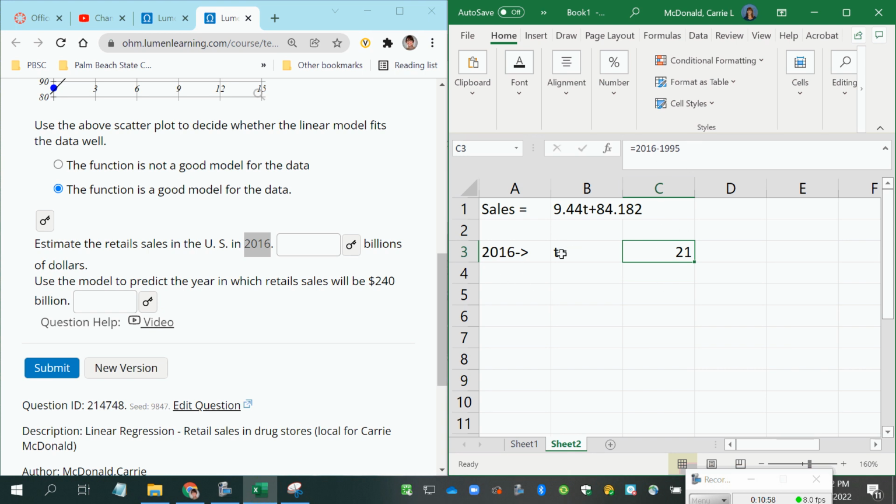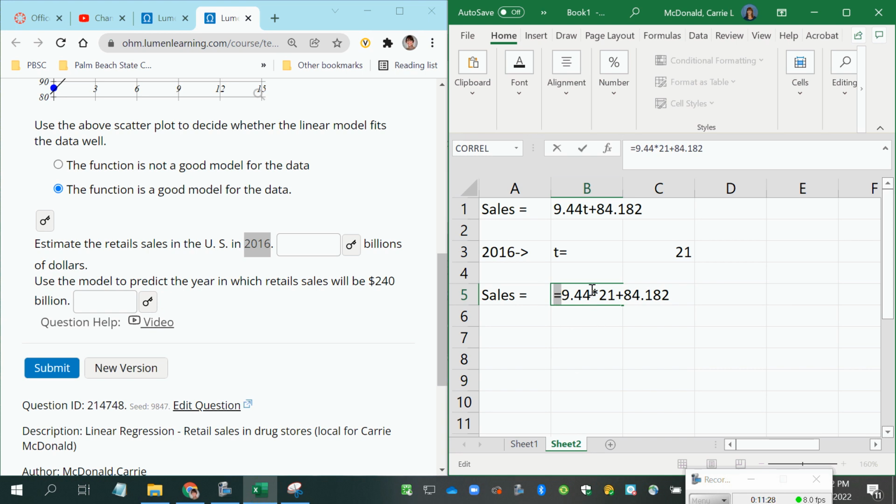So now I'm going to use that value of t in this calculation to find my number of sales in billions of dollars. So the sales in 2016 are estimated to be equal to 9.44 times the t value of 21 plus 84.182. All right, now notice you always have to put the equal sign in first when you're doing a calculation.